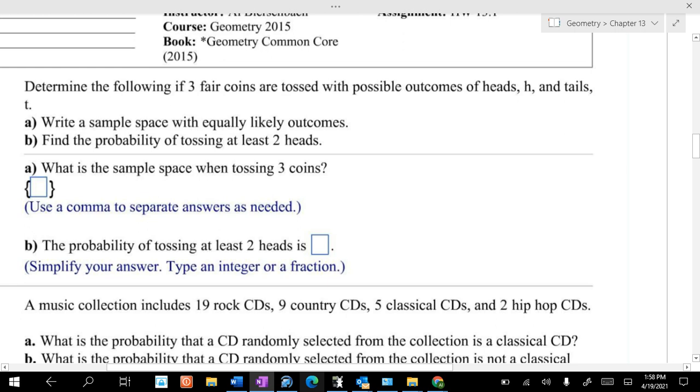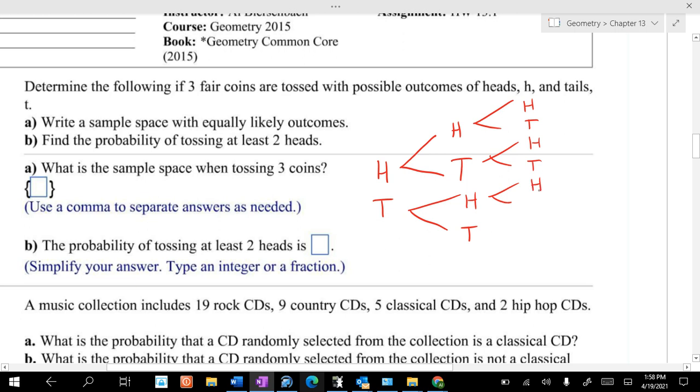All right. Sample space. Now, this takes a little while sometimes. Sample space of flipping a coin. You either got heads or tails, which results in a heads or tails, which results in a heads or tails.